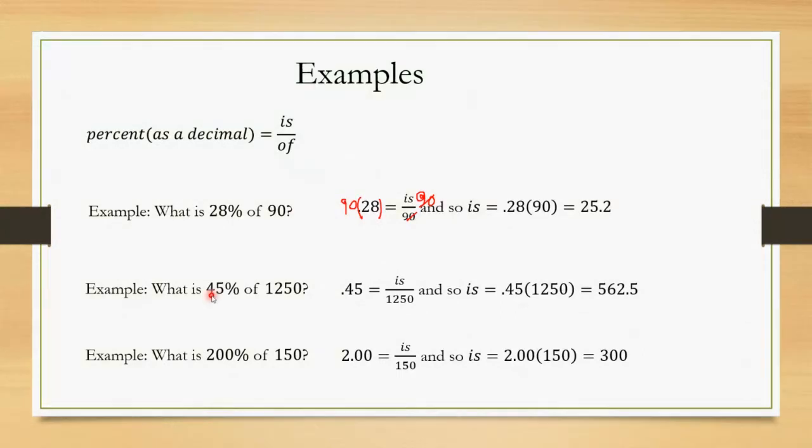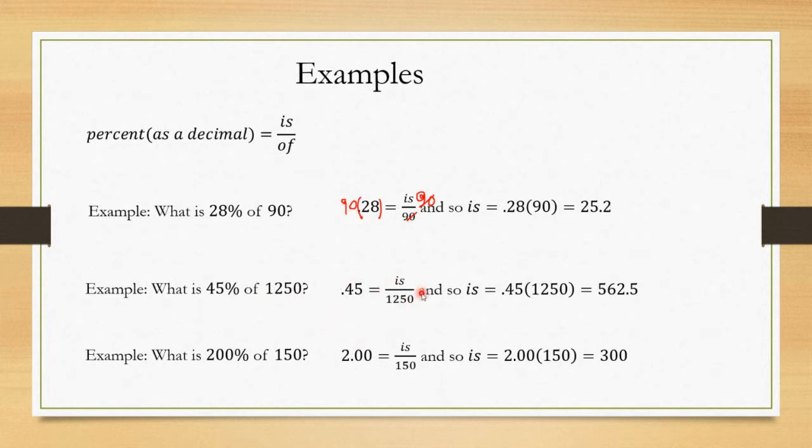Or as another example, what is 45% of 1,250? It's the same idea. We have the percent, so we write it as a decimal. We have the of, 1,250, it comes after of, that goes in. We don't know what is. That's our unknown, so we have to solve this equation.